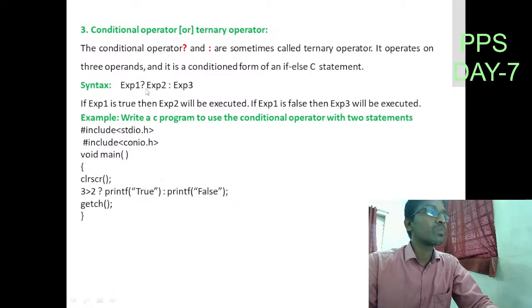This means that if expression 1 is satisfied, then it will execute expression 2, and if expression 1 is false, then it will execute expression 3. Here I give an example, 3 greater than 2. If this condition is true, it returns true. If the condition is false, it returns false.